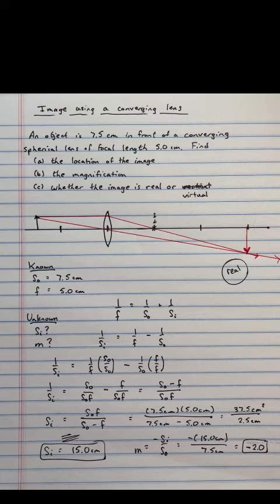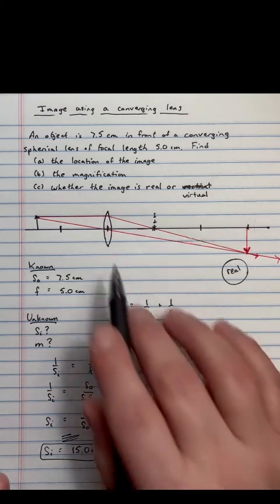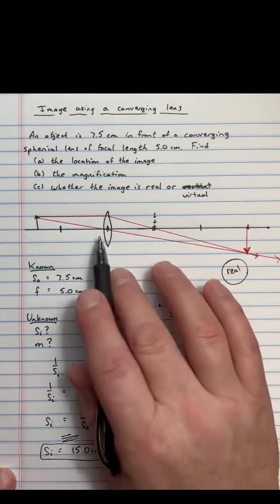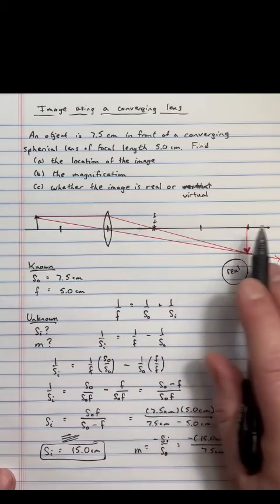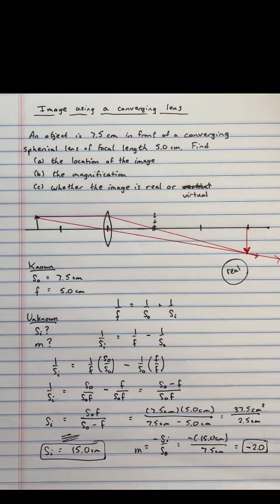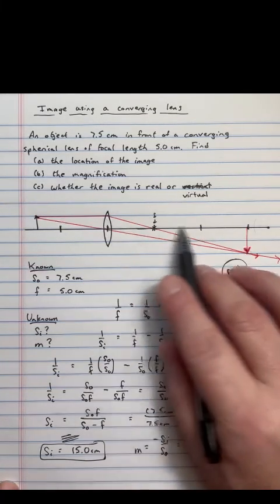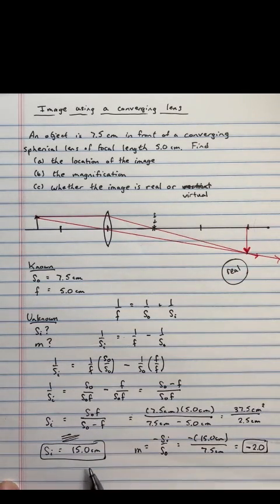And similarly for the image, if the image is on the opposite side of the lens from the object, object's here, image is over here, again, that's a positive image distance. So this distance from here is positive, and in fact, that is what we calculated. Okay. So a little bit of work on that.